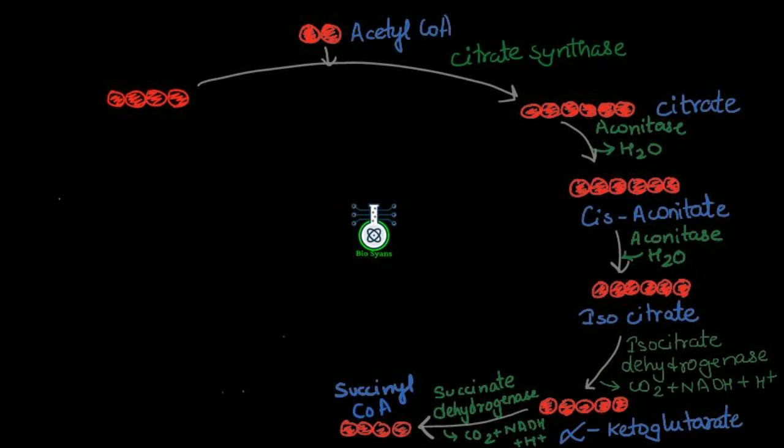NAD+ is reduced to NADH and releases a carboxyl group that forms CO2. Also, coenzyme A binds with the succinyl group to form succinyl CoA.